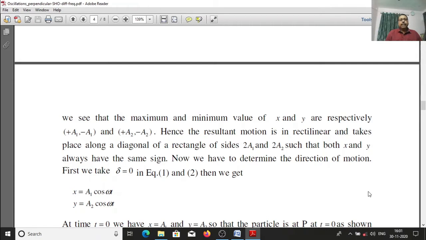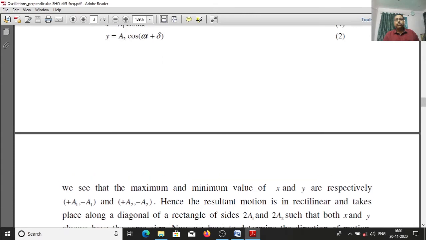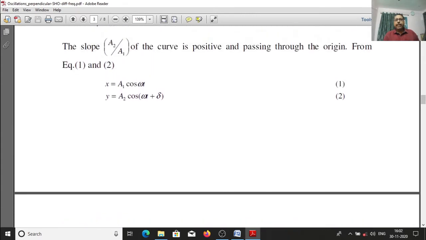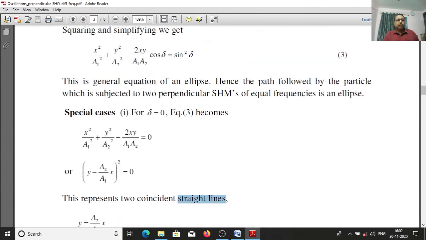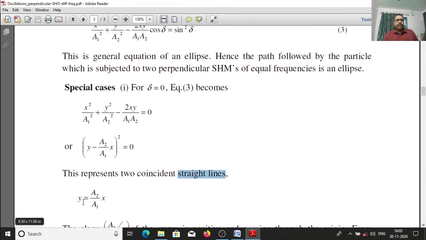Because the maximum values of x and y are plus a1, minus a1 and plus a2, minus a2, the ellipse becomes two straight lines. These are y equal to a2 by a1 into x.